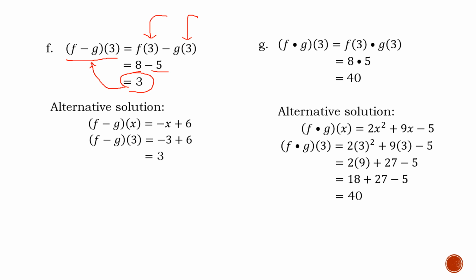So for your alternative solution here, your f minus g of x is equal to negative x plus 6. From our letter B a while ago, we get the value of this f minus g of x, which is equal to negative x plus 6.